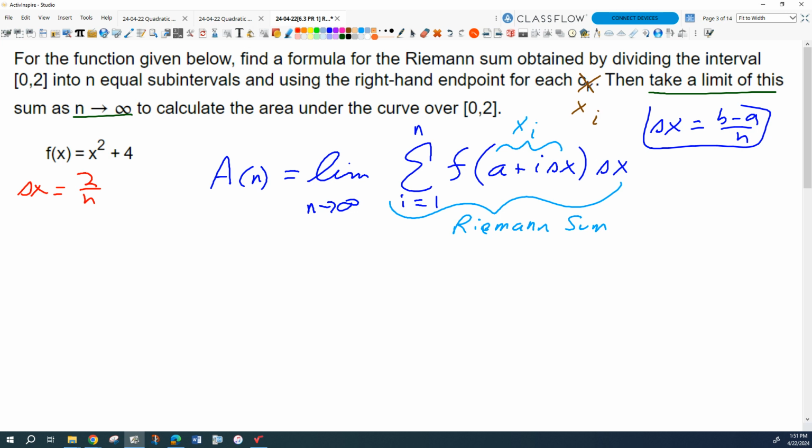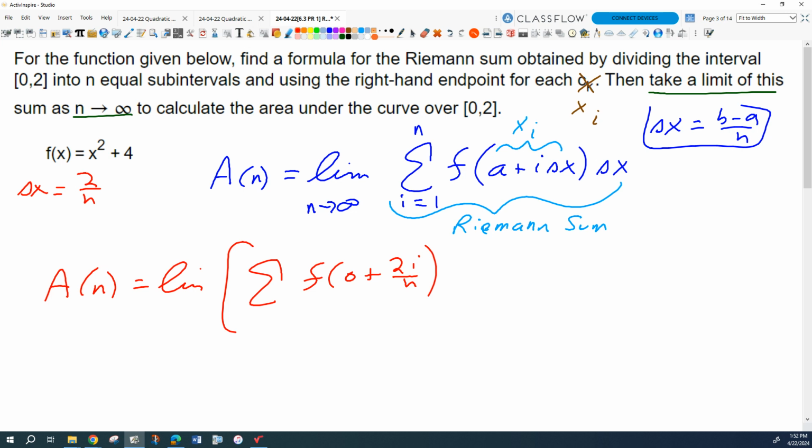So then we can start to plug in a whole bunch of stuff here. So our actual area is going to equal a limit of what? f of a plus i delta x. Well, a is 0, right? Everybody agree? So a plus i delta x, f of 0 plus i times delta x, well, that's just 2i over n. Everybody agree? Good?